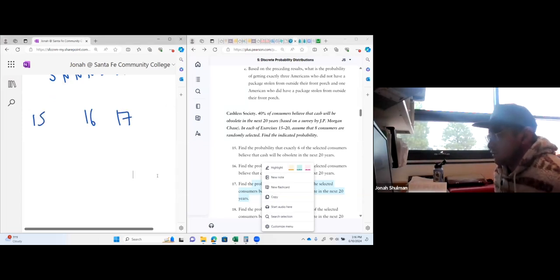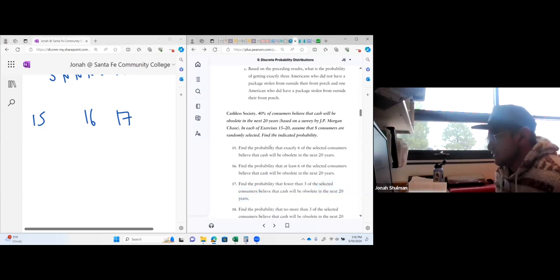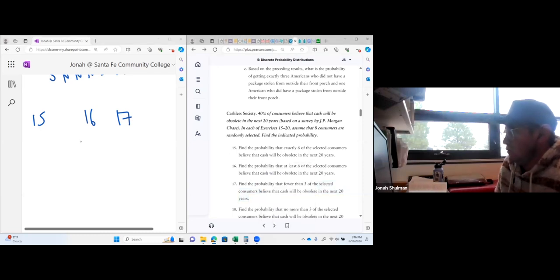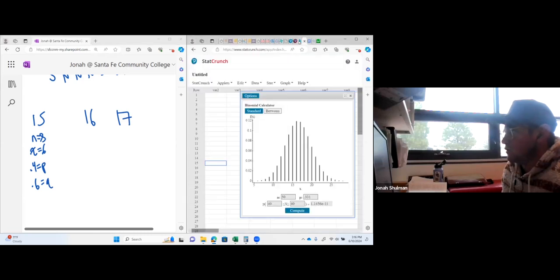So to do this formula, the first one is exactly 6. So we have 8 people, right? So we know that our N is 8, our X is 6. Believe it will be obsolete, so 0.4 is P, 0.6 is Q. So for this one, the first one is pretty simple.